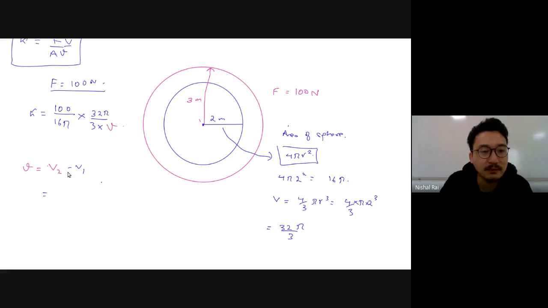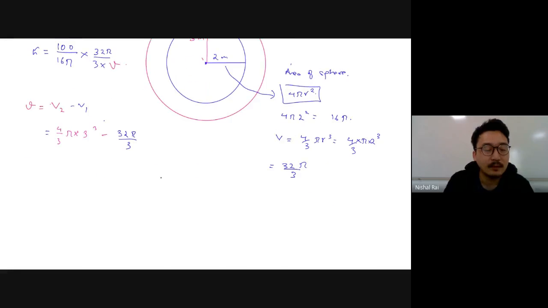The larger volume is given by 4 by 3 pi, what is the radius? 3 cube, minus this we have already evaluated, 32 pi by 3. After evaluation, how much will you get? 4 9s are 36, 36 pi minus 32 pi by 3. Now this is basically your change in volume. Is it clear? Yes, sir.